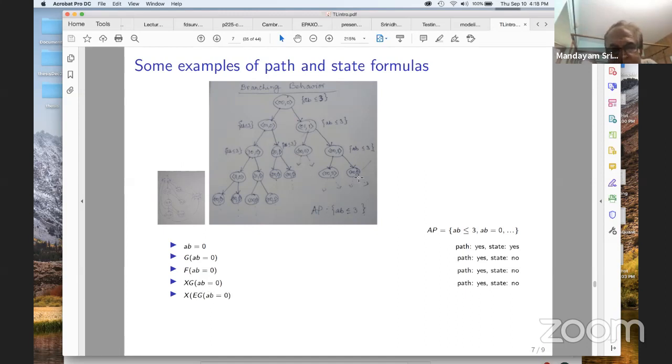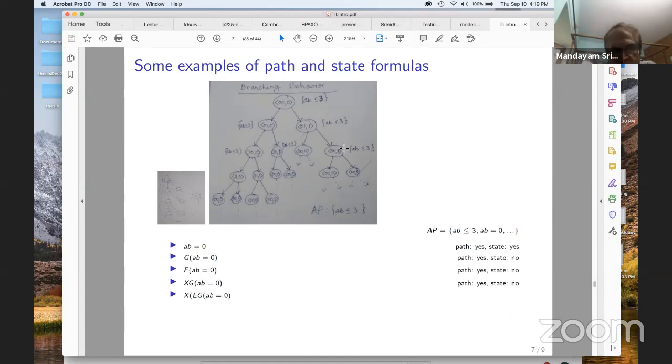And as we said, this is such a state, 0, 0, 1. I'm pointing out here. I hope you can see my cursor. So this here indeed has a path, and actually it is true starting from here also.